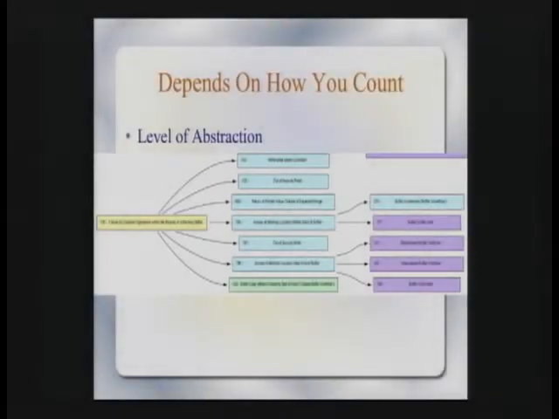So in this case, if you count the leaves, then you should get 8 or 9. 1, 2, 3, 4, 5, 6, 7, 8, 9. Right. And guess what? There are 2 more that we created while making the top 25 list that are not shown in this graph.